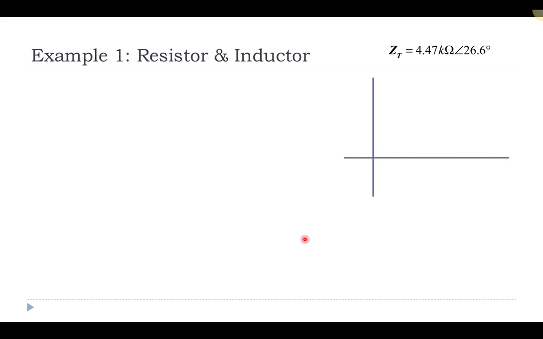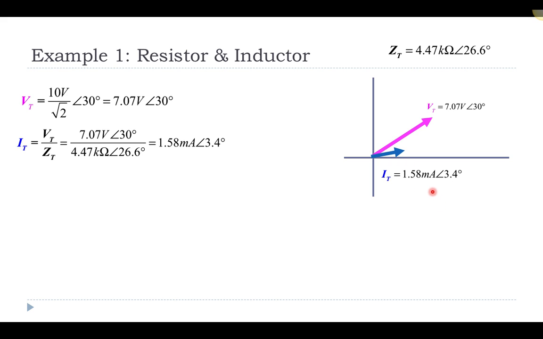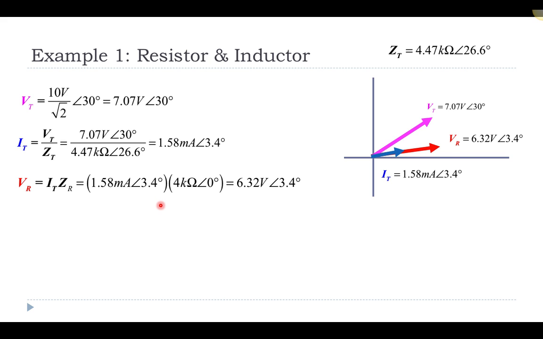So if I wanted to make a plot of this, I could draw in the voltage, which is at an angle of 30. I could draw in the current, which had an angle of 3.4. We found that value. I could draw in the voltage across the resistor, which was at an angle of 3.4.